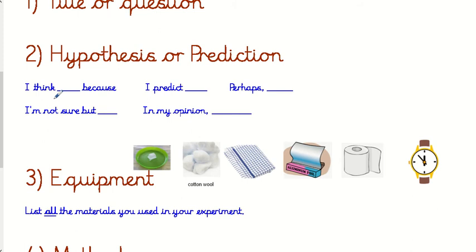Now some of you might like to think scientifically and really challenge yourself through that gateway and really be determined to be the best version of yourself by using a variety of sentence starters. So you might like to think about changing I think to I predict, or perhaps the toilet roll will be the best insulator because. I'm not sure, but I think the cotton wool could be the best insulator because. In my opinion, the tea towel will be the best insulator because.